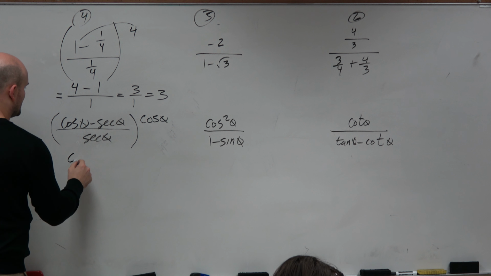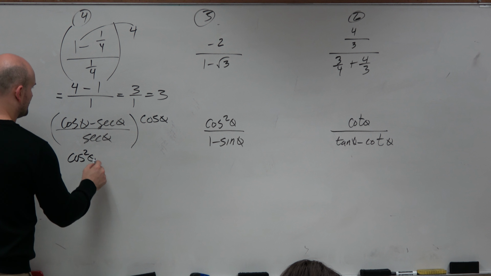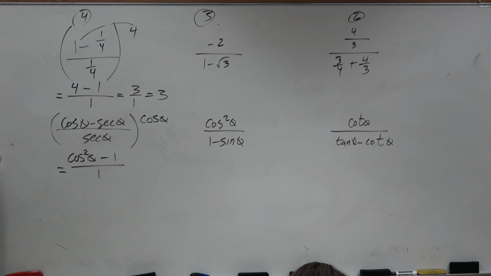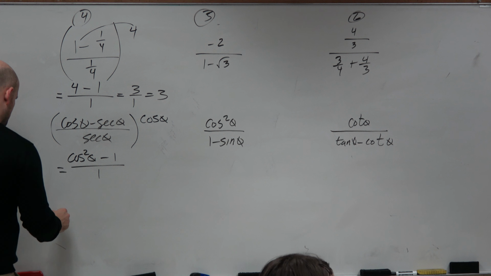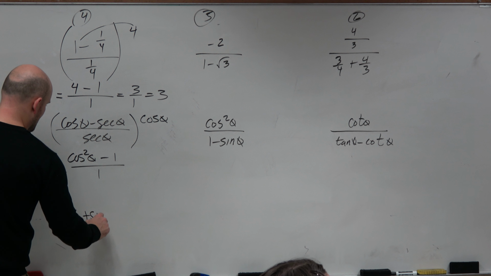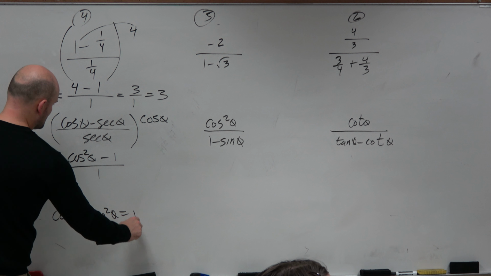So in this case, we get cosine squared of theta minus 1 all over 1, which we don't really need to write the 1 in the denominator, but it's there. And we recognize cosine squared of theta minus 1 as the Pythagorean identity. Cosine squared of theta plus sine squared of theta equals 1.